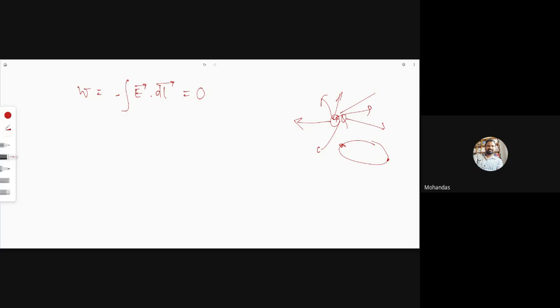At least one student. Yes, sir, it is a closed path. Around a closed path. The circle over the integral represents a closed path.